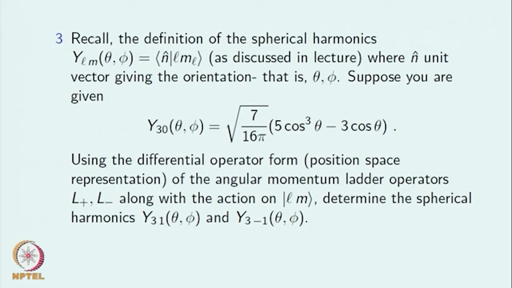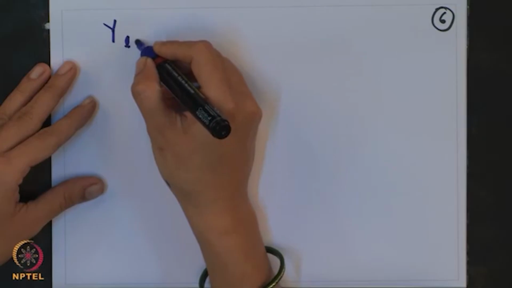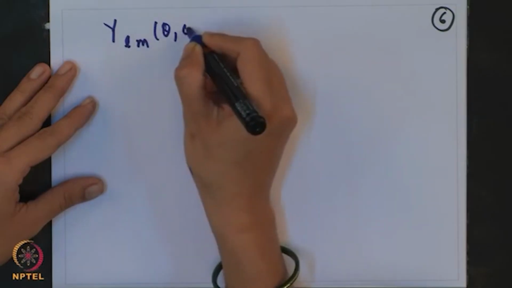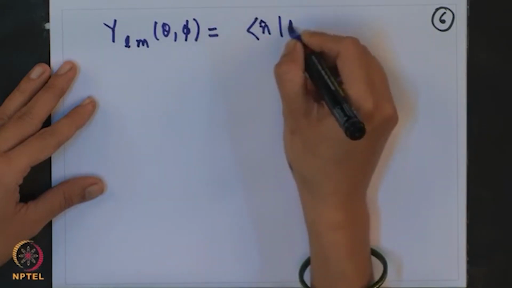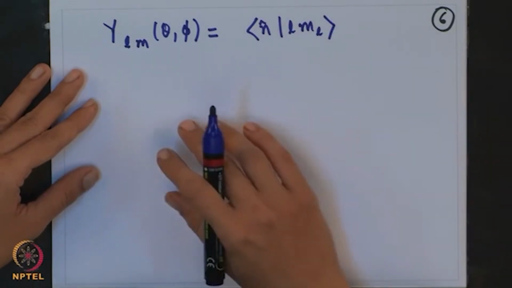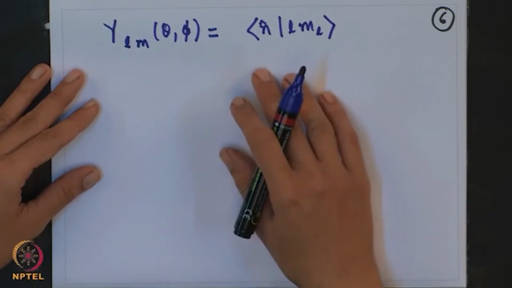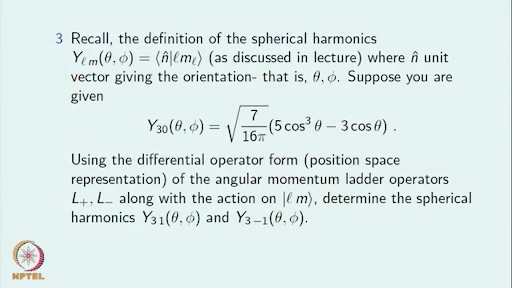Then going to the third problem. Recall the definition of spherical harmonics which was discussed in the class. So what is the definition? Psi L M theta phi, you can write as N cap, L M L. Using this definition or notation, you have to find out what y31 and y3 minus 1 are.